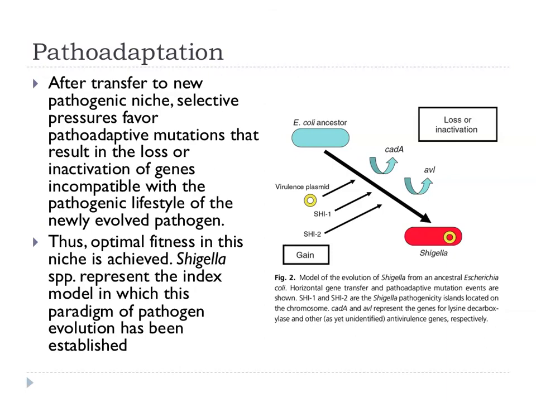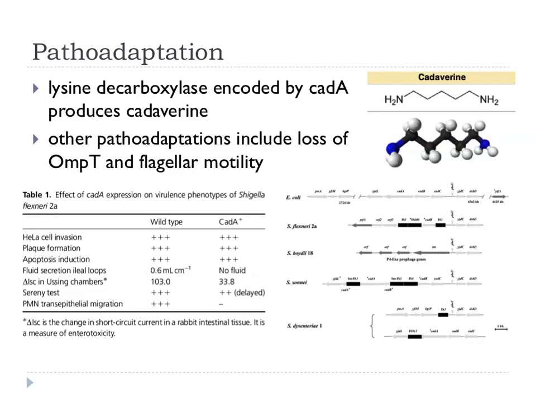So Shigella, when it became a pathogen, started living inside eukaryotic cells. In fact there are several lineages of Shigella which all appear to have evolved towards being a pathogen separately. So they've all acquired these virulence plasmids, but it seems to be a separate event. And if you look in the chromosome, this is not coming out particularly clearly, you see that they've all lost the function of one particular gene, cadA, which encodes the enzyme lysine decarboxylase, which produces this molecule here, cadaverine.